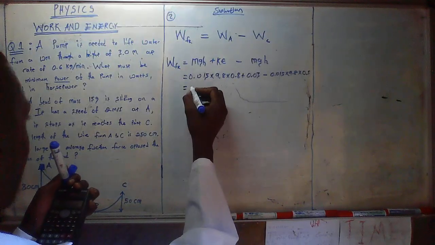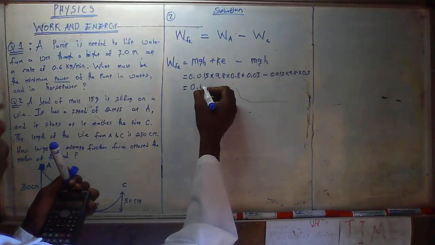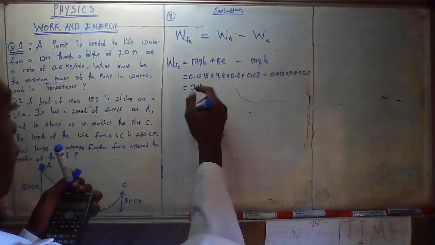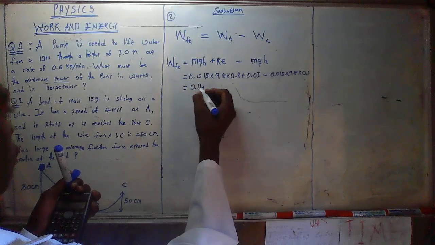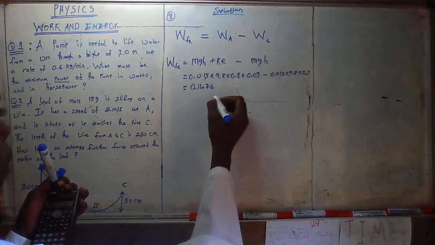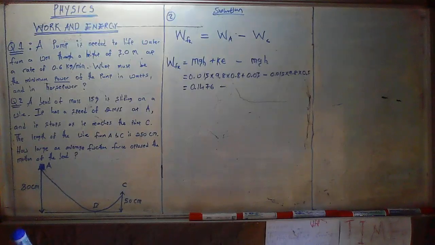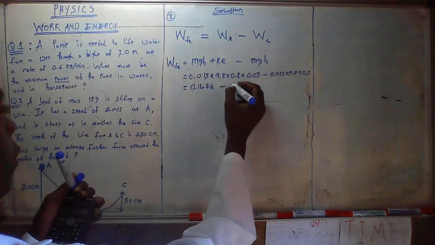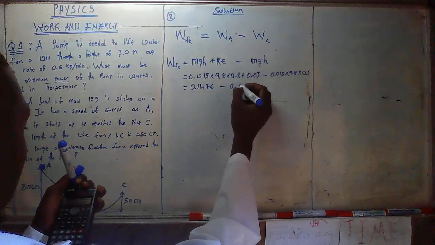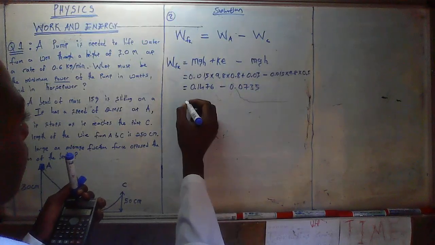I'm getting 0.1476. Minus 0.015 multiplied by 9.8 multiplied by 0.5 gives 0.0735.